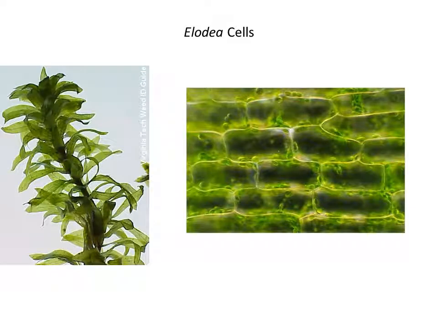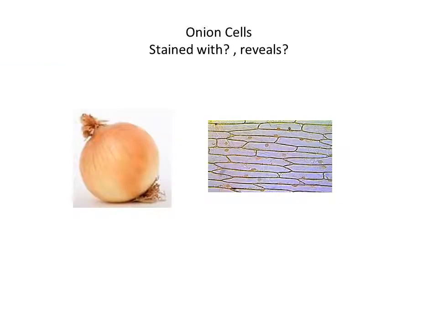Elodea cells, you can see chloroplasts, those are these things here. You can also see a large central vacuole, which we'll manipulate in the osmosis lab. In the onion cells, we're going to take the very thinnest layer of one of the shards of it, and you notice that with the acetocarmine stain, you can see the nucleus. And if you get in really close, you may be able to see the nucleoli.